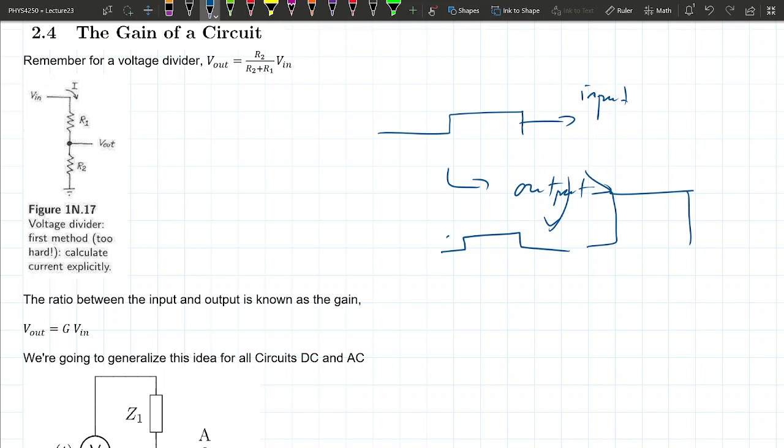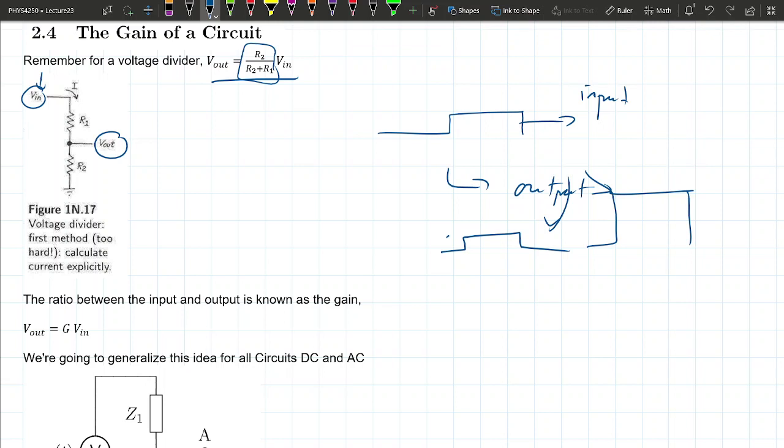So let me show you an example that we already know. This voltage divider that you guys are playing around with on lab 1. We did a little calculation, using just Ohm's law and Kirchhoff's law, where if you have some input voltage here, V in, it could be 10 volts, 5 volts, 2 volts, whatever that is, the output is going to be some ratio R2 over R2 plus R1.